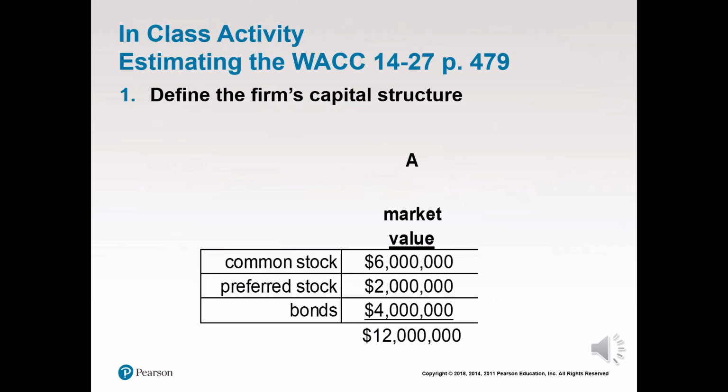When we define the firm's capital structure, we look at the market value of all common stock outstanding, preferred stock outstanding, and bonds. This is how much we could sell these for today. That helps us determine our true capital structure and not just the amount that we have on the books.